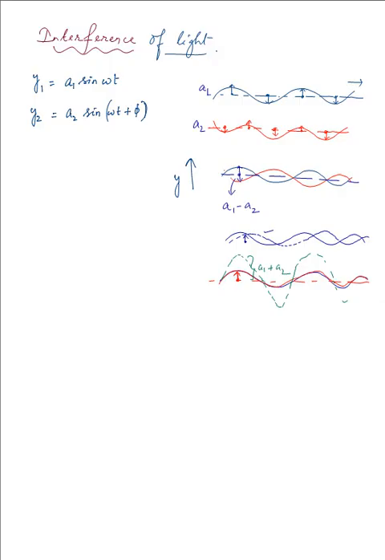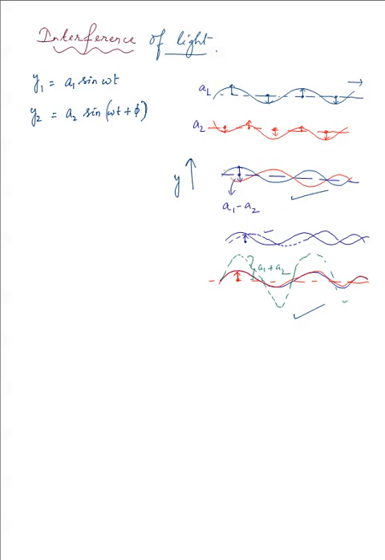Now, in this case, obviously, as we can see over here, the phi phase is actually 180 degrees because they are exactly opposite to one another. While in this case, they will be exactly in phase with one another, where phi is 0 because they are exactly moving in the same manner. They are going up and down in the same instant of time.